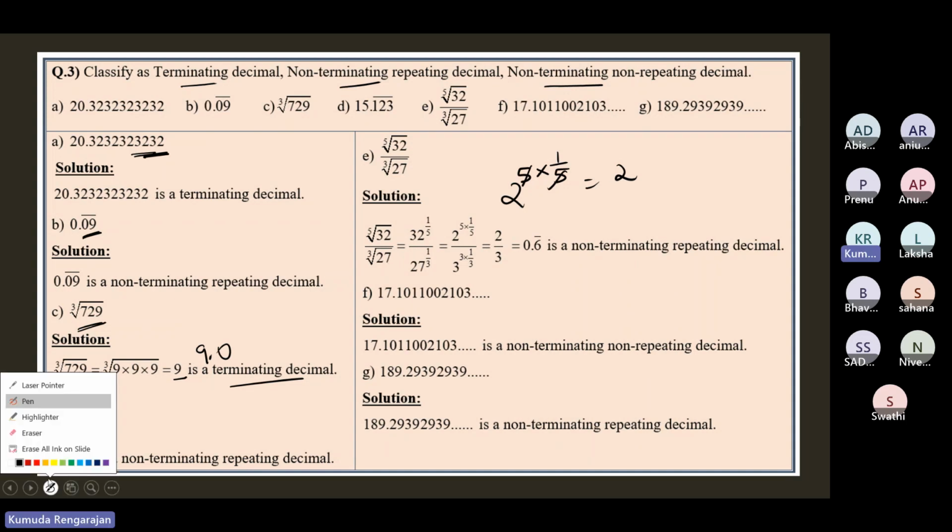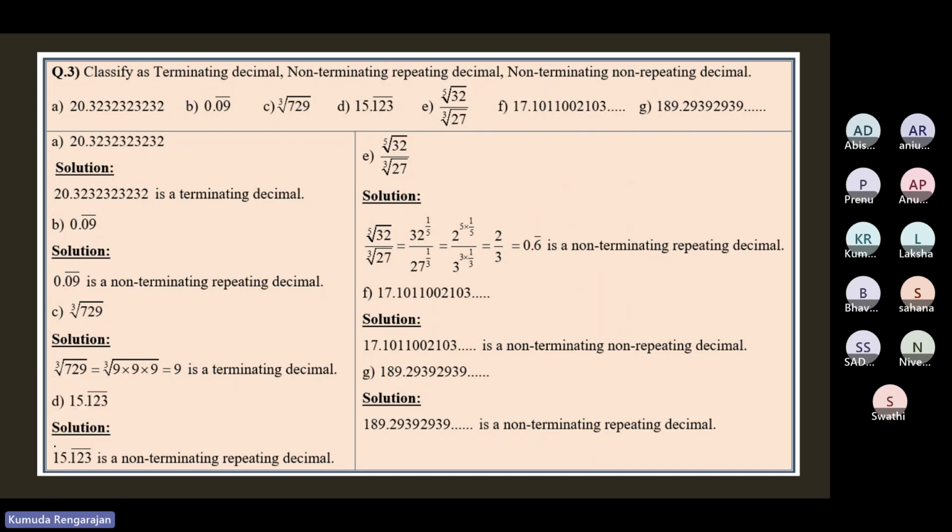You all remember, right? How to write the radical form and the exponential form? The fifth root of 32 can be written as 32 to the power 1 by 5. The cube root of 27 can be written as 27 to the power 1 by 3.